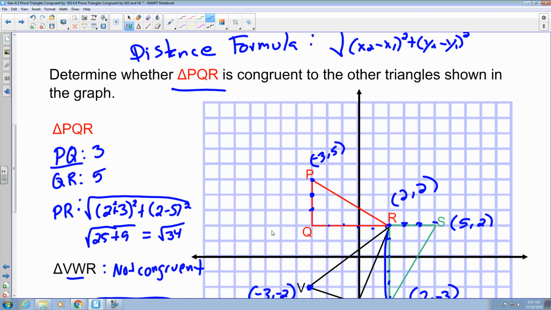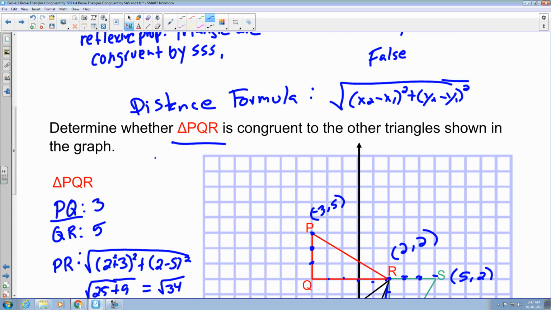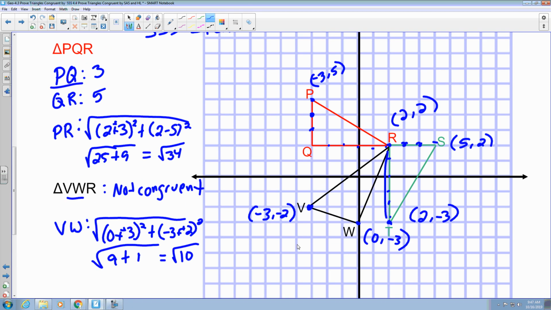So we can say by side, side, side congruency that triangle PQR is congruent only to triangle SRT.